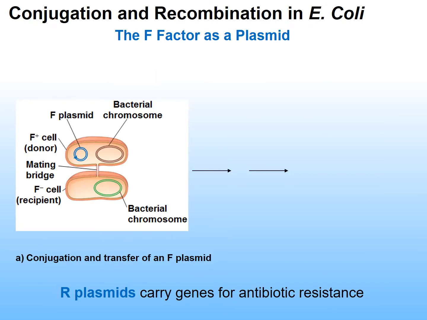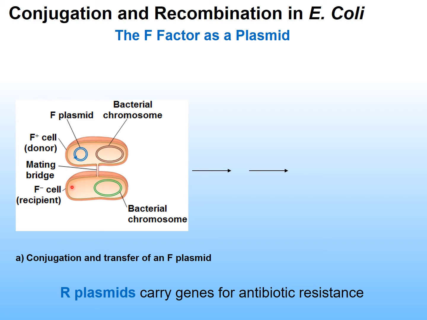I'm going to look at a couple different ways in which conjugation can occur. And in this first way, this is where the F factor or F plasmid is present inside the donor cell. Okay, so the donor cell has a brown chromosome and the recipient cell has a green chromosome because that's supposed to represent genetic differences, so they're not genetically identical.